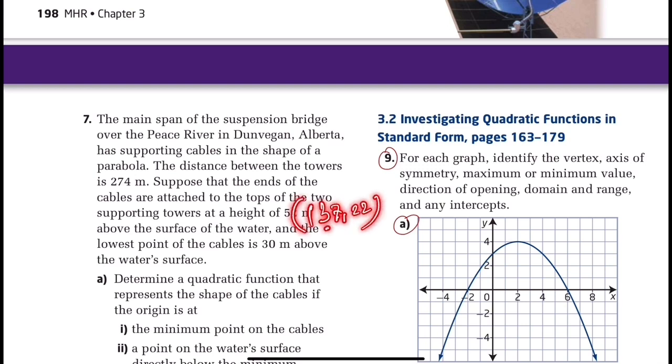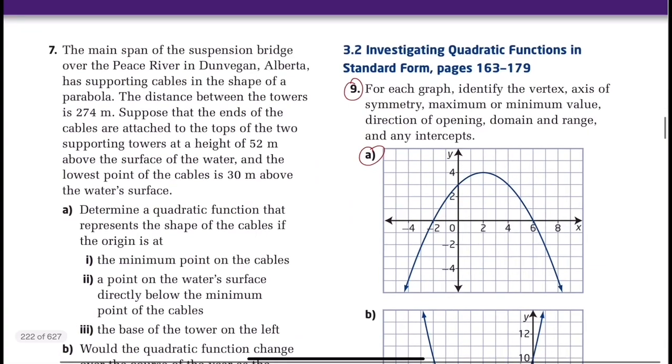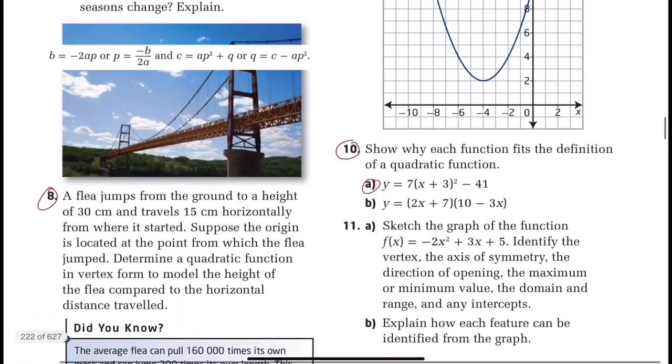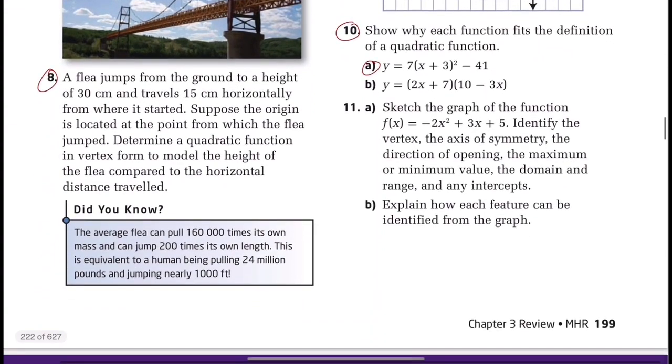So x will be 137, which is half of this, and 22. Okay, I think we should do 9. 9 is good. Let me see 8. 8 also is good. So let's do number 8 before we do 9.